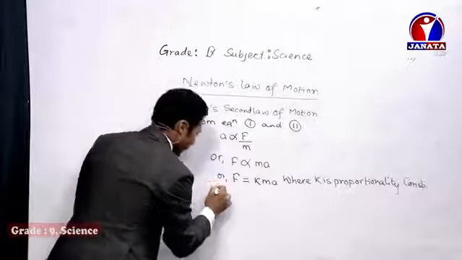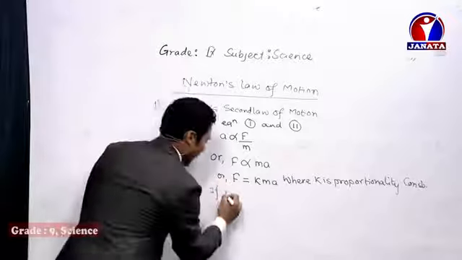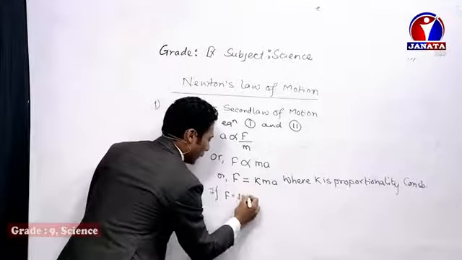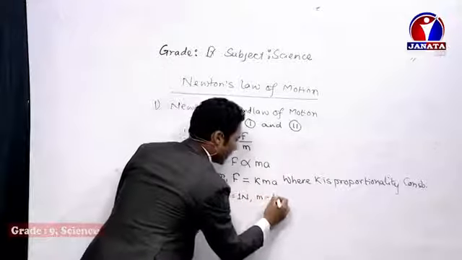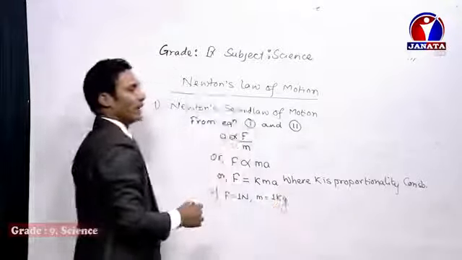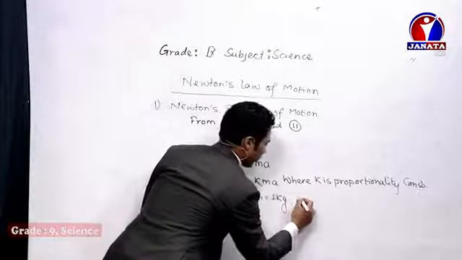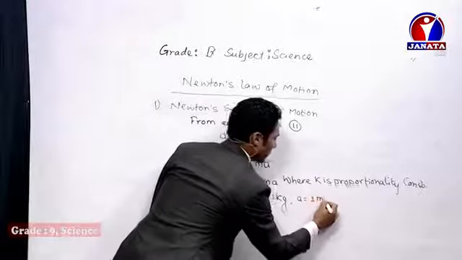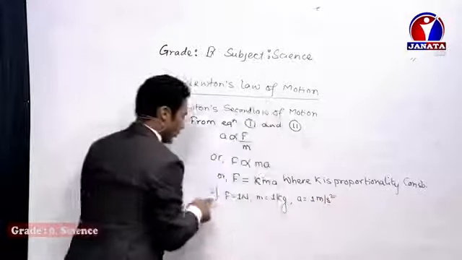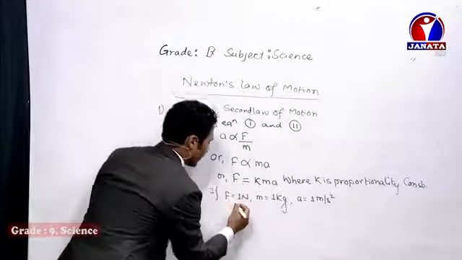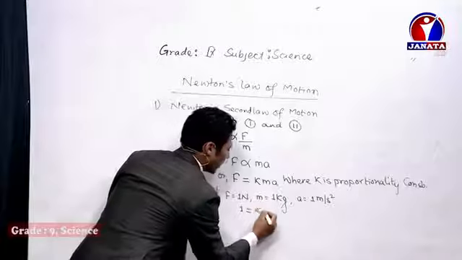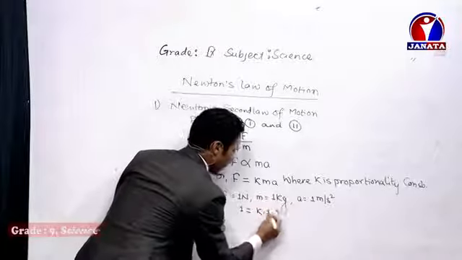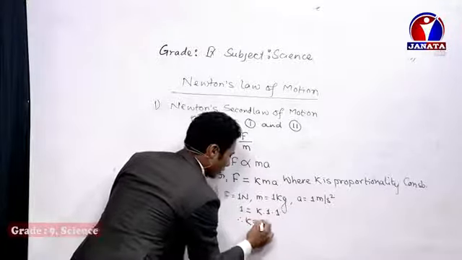Now if I apply F equals 1 newton, and I take the mass as 1 kg, and it produces an acceleration of 1 meter per second squared, if you put these values here, then that will be 1 equals k into 1 into 1. Therefore, k equals 1.